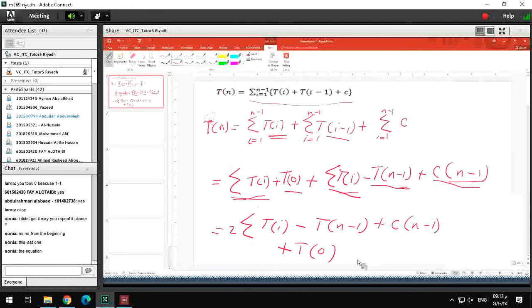In the last equation, here we have one summation of Ti, and here is another summation of Ti. So in total, we have two summation of Ti. And then the Tn minus 1, I bring it here. Then the C n minus 1, I bring it here. And the last one is T of 0. This is how I build the first part of the equation.